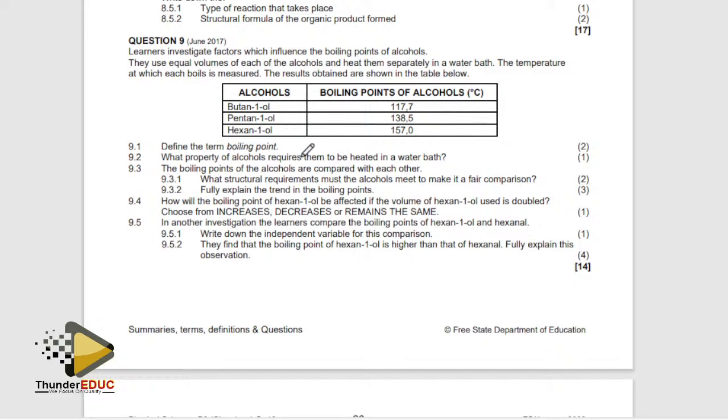They're saying boiling point, they're not asking you what is boiling. When they say boiling, it is the process when the vapor pressure is equal to atmospheric pressure. But when they say boiling point, then you say it is a point at which that happens. Please make sure that you differentiate that.